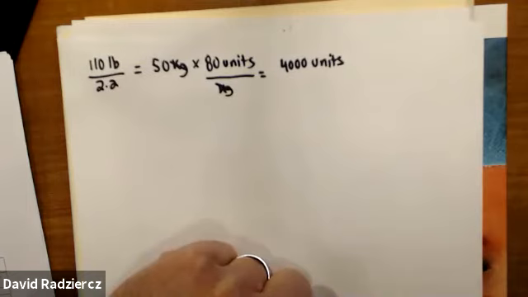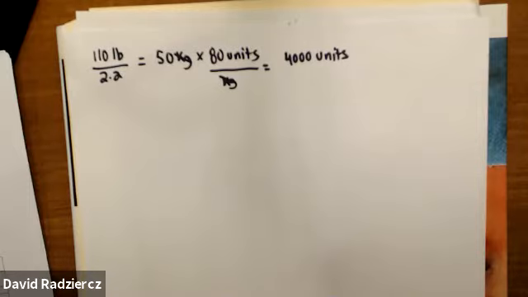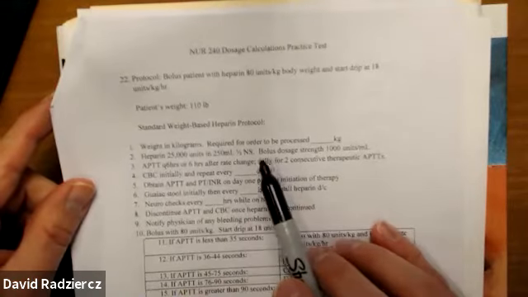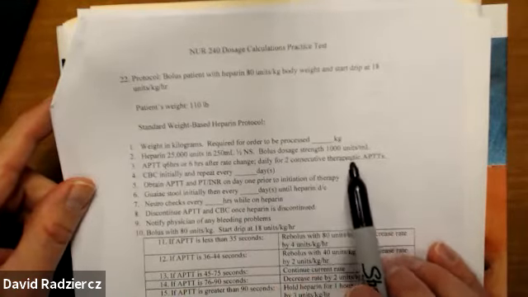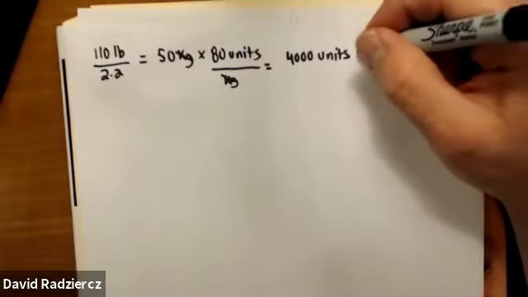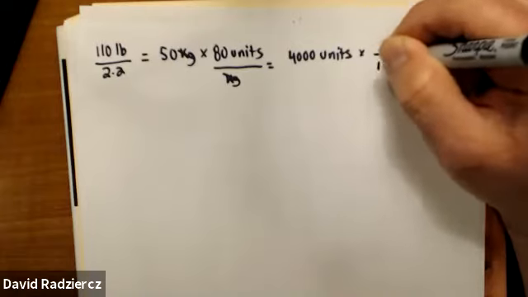Okay. Now, if it had just asked me to give the units for the bolus, we'd be done. But it says to give the milliliters of bolus. So looking at step 2 of the protocol, it says my bolus dosage strength is 1,000 units per milliliter. So what I'm going to do is convert the units to milliliters.